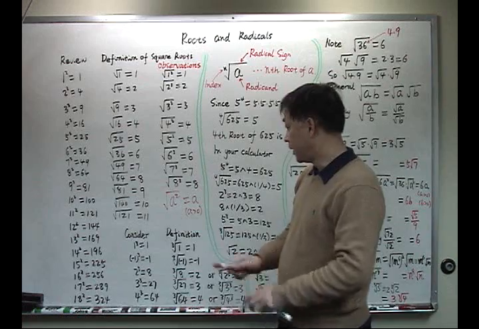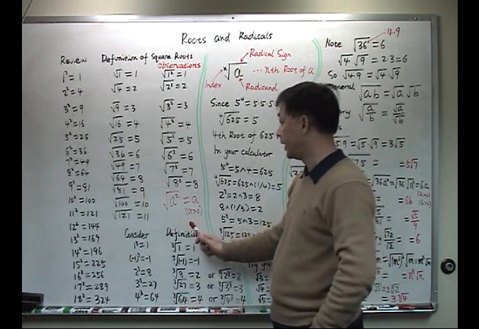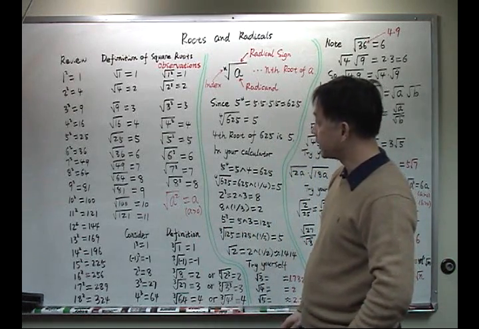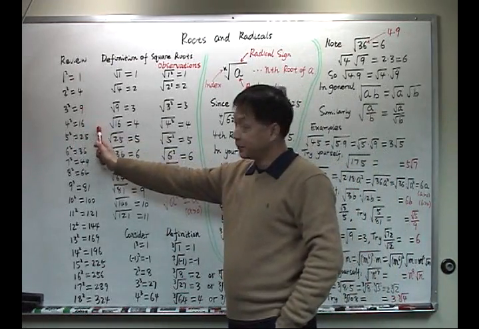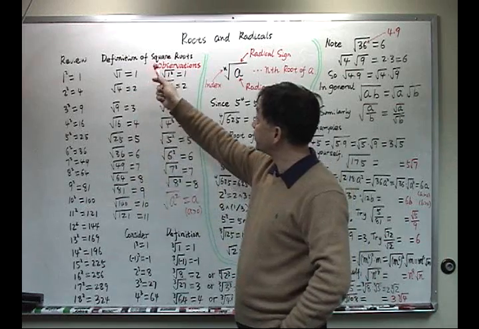This property is very useful. We'll use this one later. Now, the above is about something squared, and the definition of the square roots.